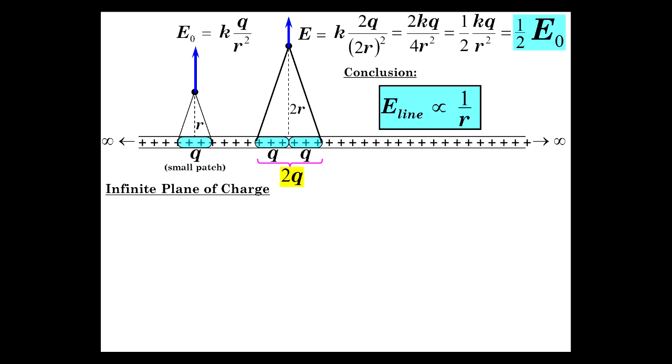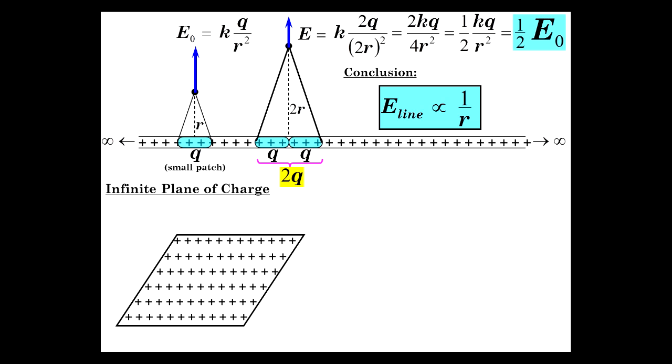And now, let's consider an infinite plane of charge. So here's a plane. Don't fault me for the kind of poor perspective. In any case, this charge on the plane is continuous and uniform. This time we're going to have a little circular patch, and think of this as a cone region. All right, so we have a little teepee here, an inverted cone, and so it has charge q, distance r away.